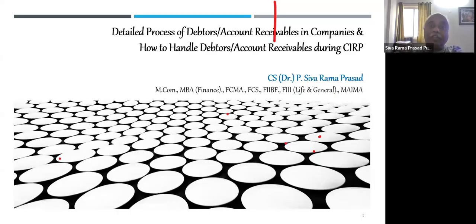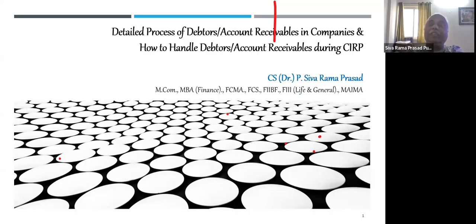The probability of recovery is very bleak. That's why they will give only 90 days; only debtors below 90 days will be taken into account, and accordingly they will finance. But what type of charge is created by the banks?